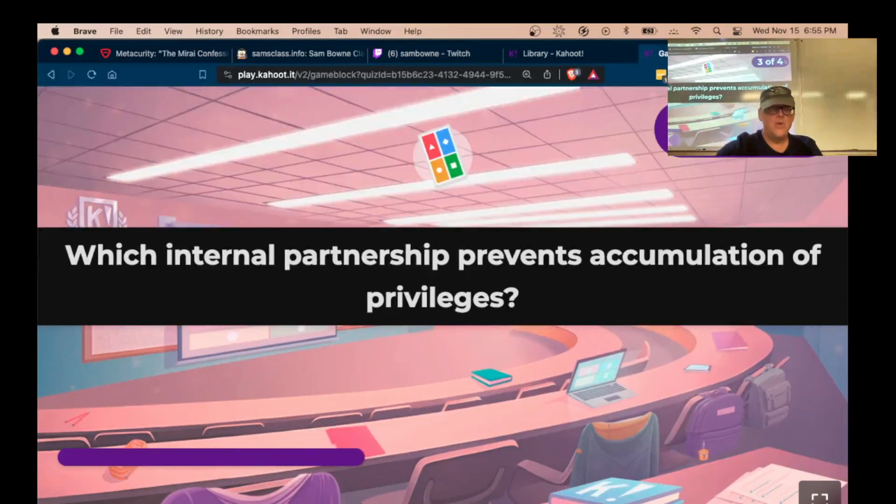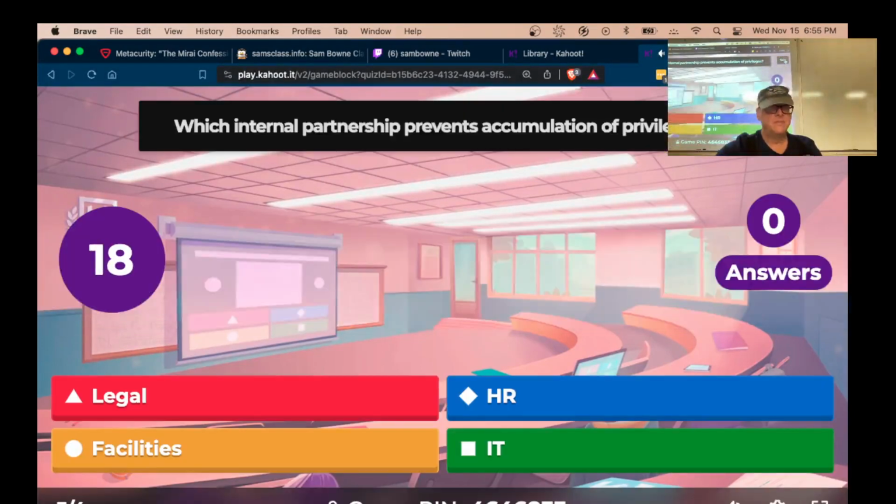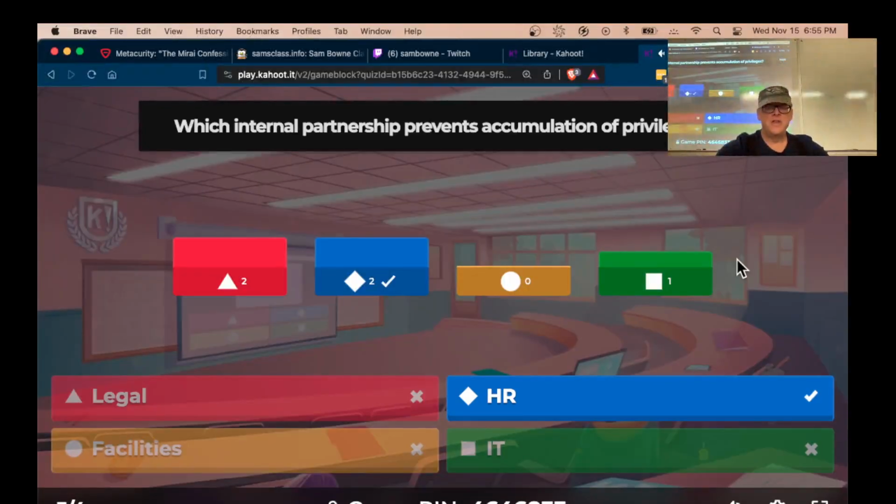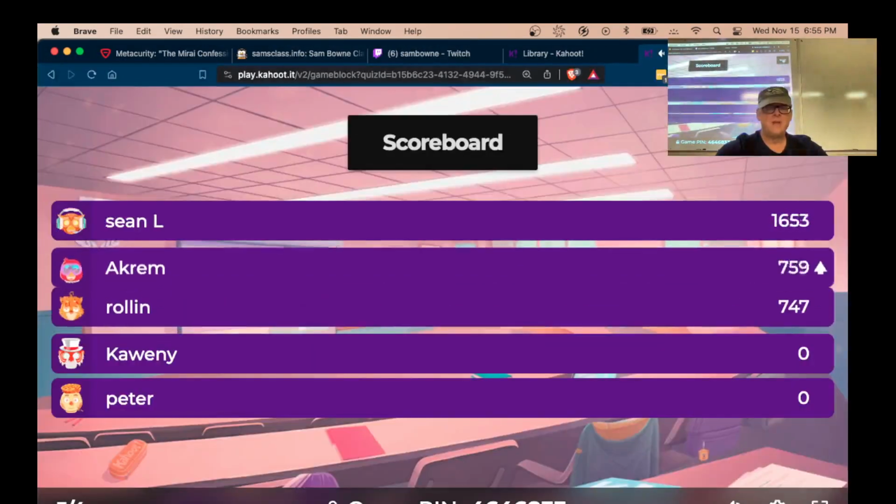All right, what internal partnership would prevent accumulation of privileges? It's HR that does this. They know what your job is and they know what job you left, so they can help make sure that you're not accumulating privileges you no longer should have.